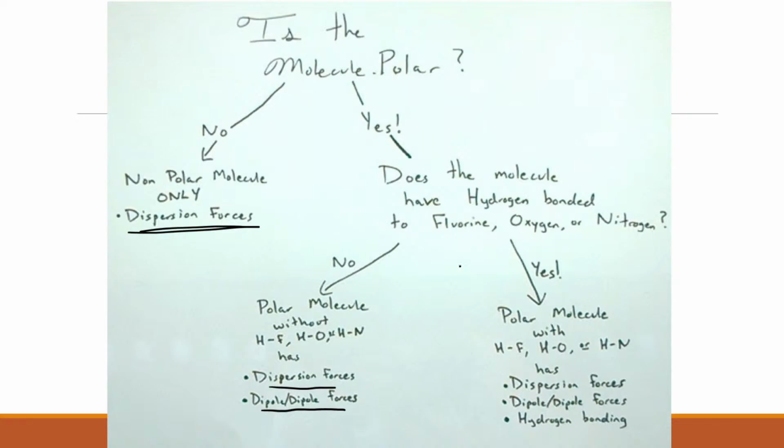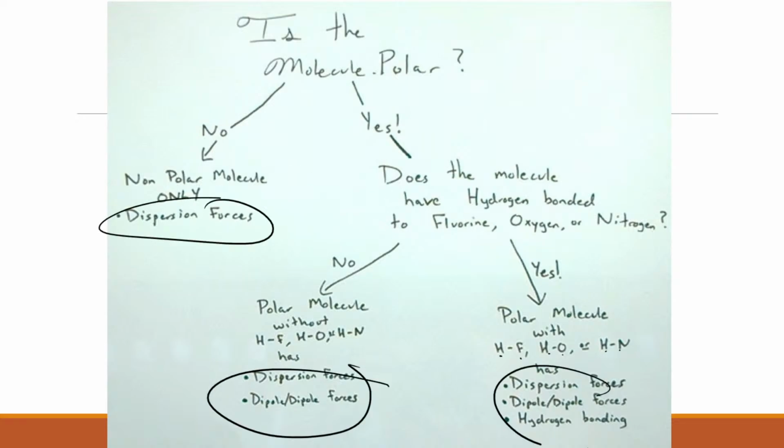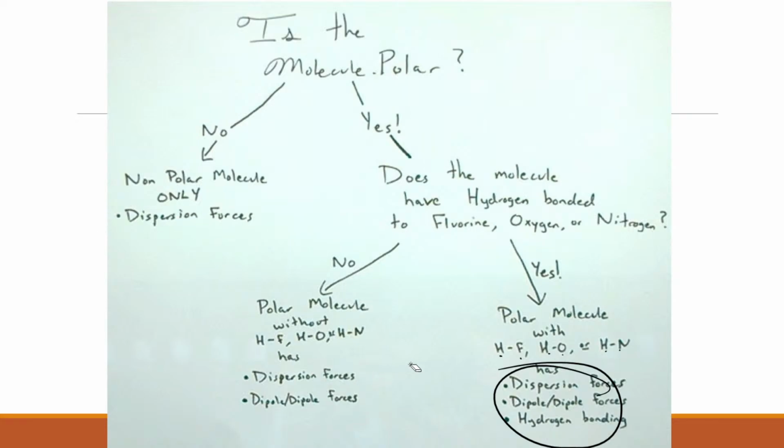But only molecules with HF, HO, or HN have hydrogen bonding in addition to the other two. So those are the really big questions. Is it a polar molecule? Does it have hydrogen connected to F, O, or N? And by getting the answers to those two questions, you know exactly what intermolecular forces your molecule has.